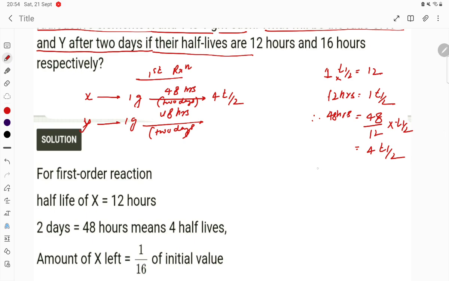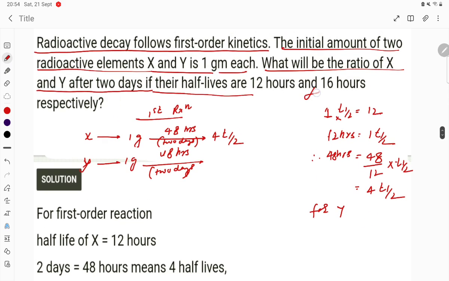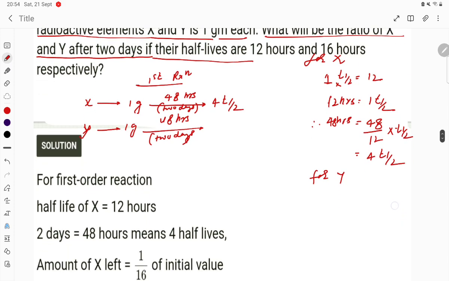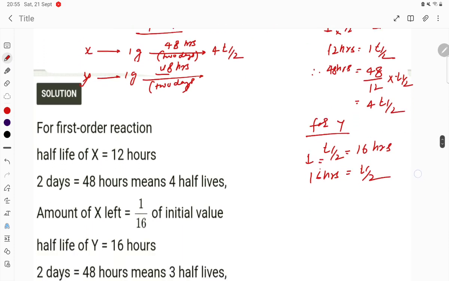Now the second one, let us have a look at Y. This was for X, student. So for Y, T1/2 is equal to how many hours? 16 hours. So 1 T1/2 is equal to 16 hours. Total hours given is 48 hours.